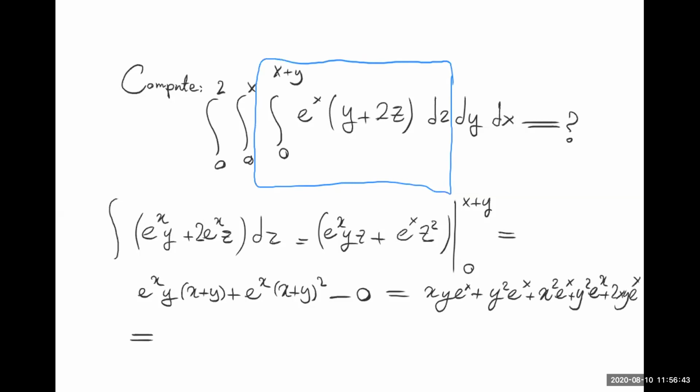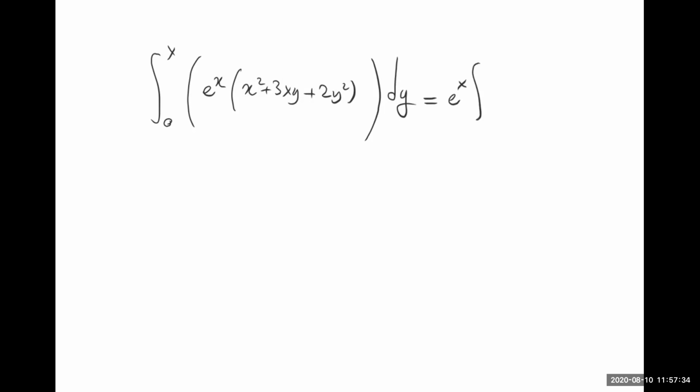Well, the sum is equal to x squared e to the x. Oh, it seems we have an answer. That's amazing. We will see that. Plus 2y squared e to the x plus 3xy e to the x. Okay, so that's the answer for the first integral.